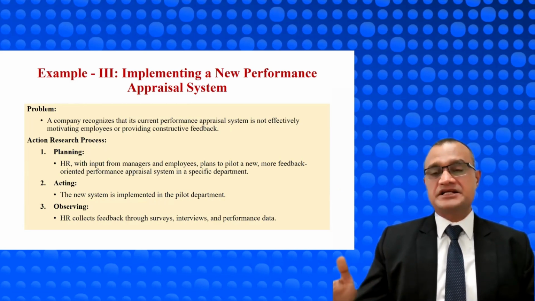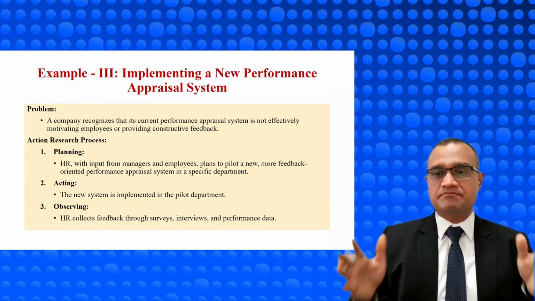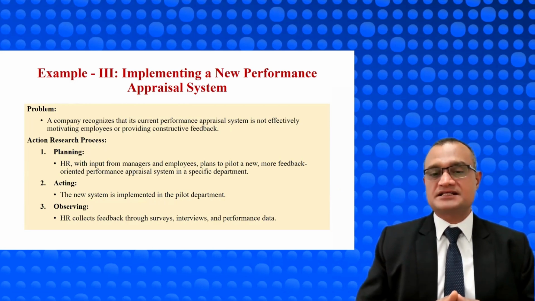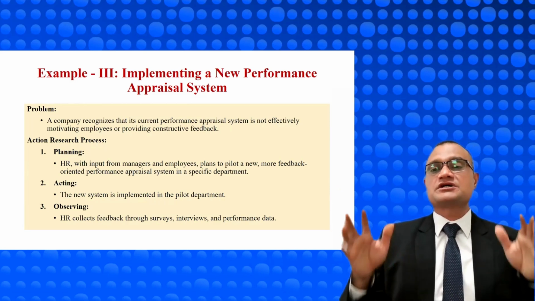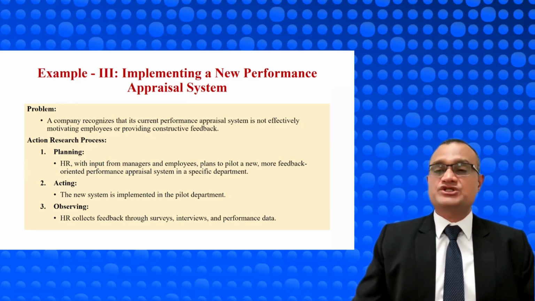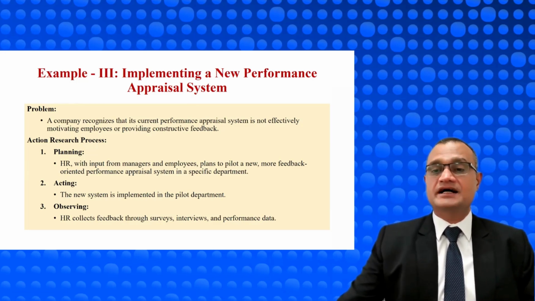The action research process goes like this: planning. HR, with input from managers and employees, plans to pilot a new, more feedback-oriented performance appraisal system in a specific department. Acting: the new system is implemented in the pilot department. Observing: HR collects feedback through surveys, interviews, and performance data.